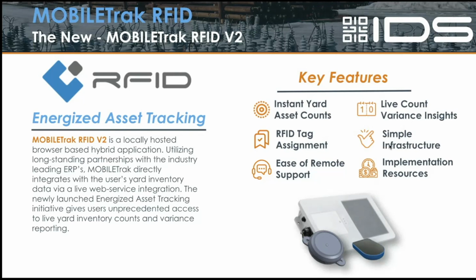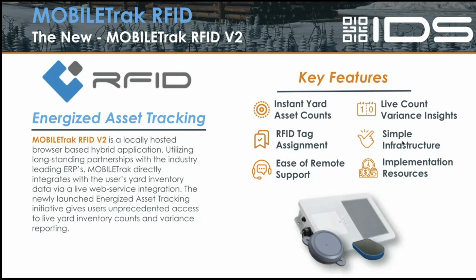The biggest difference between the old version and V2, other than the technology, is what we're providing. As a best practice, and the reason we call this best practices, this technology allows us to do instant yard asset counts. Unlike that little video we watched, this technology allows us to place fixed RFID readers throughout the yard because of the price.